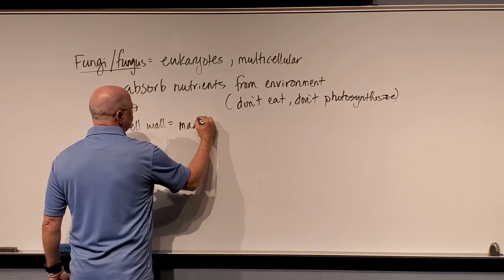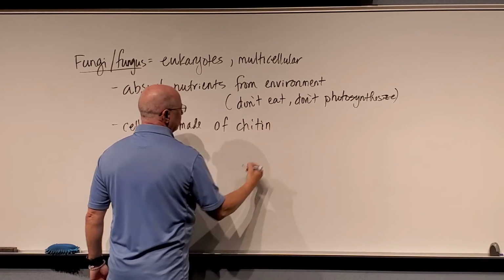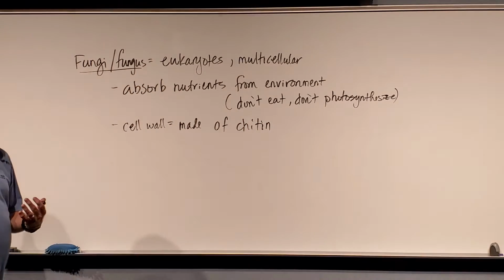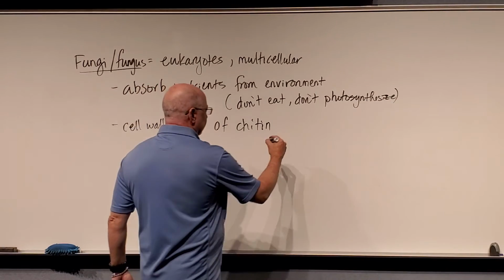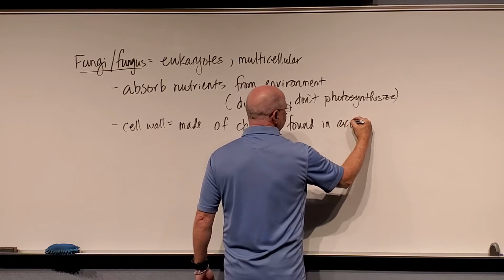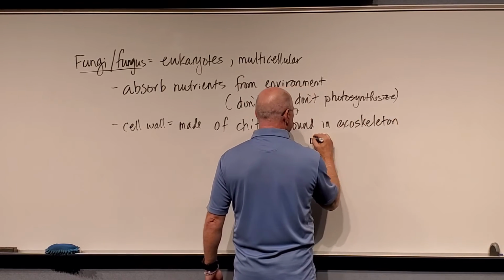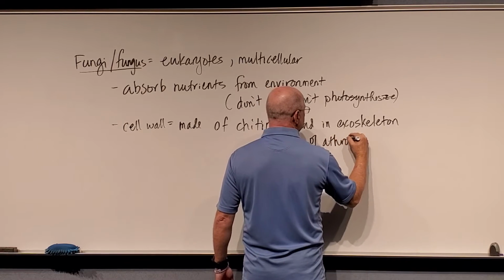But it is made of a substance called chitin. Chitin is a protein that is also found in the shells, or what we call the exoskeleton, the skeleton that's on the outside of what we call arthropods.